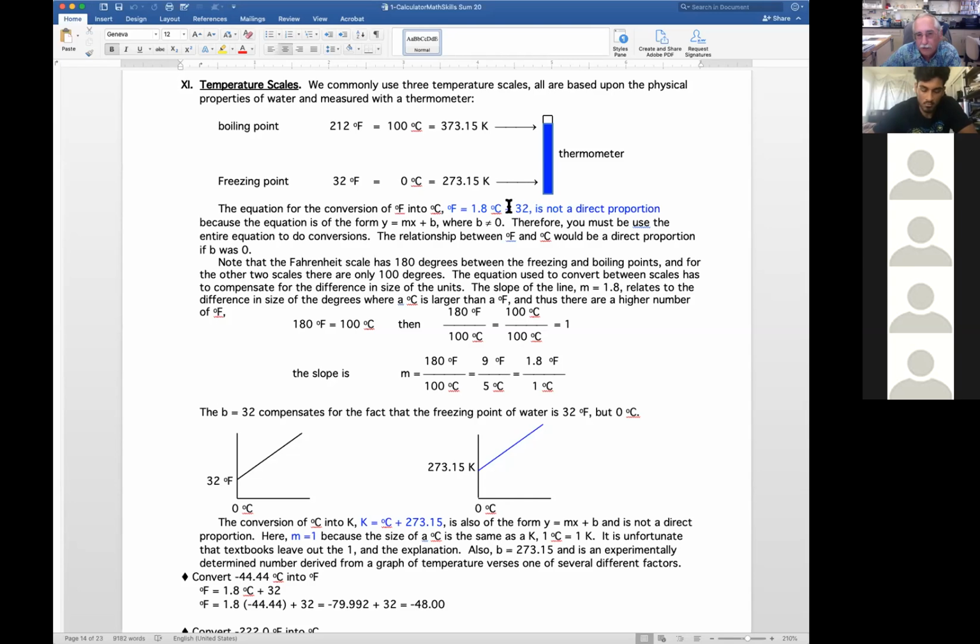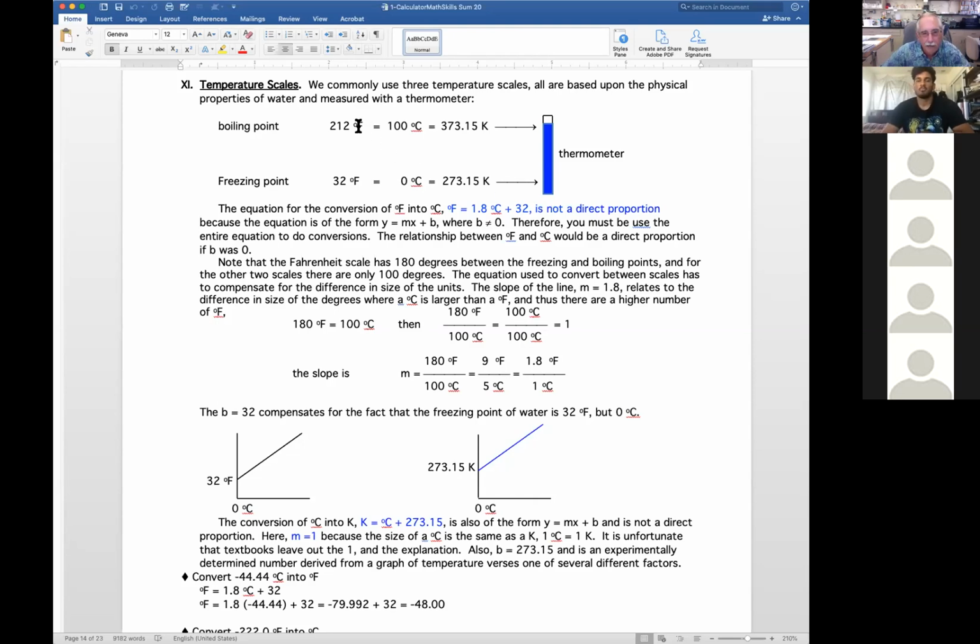This 32 right here represents B. So this would be y is equal to mx plus b. And b is not 0, so it's not a direct proportion. So now how do we reconcile this equation? Instead of having you just memorize it, I want you to understand it.